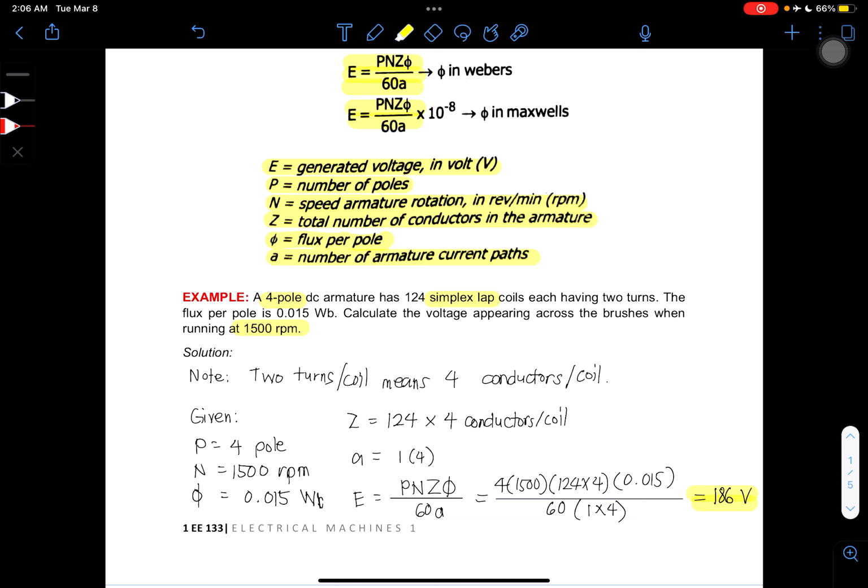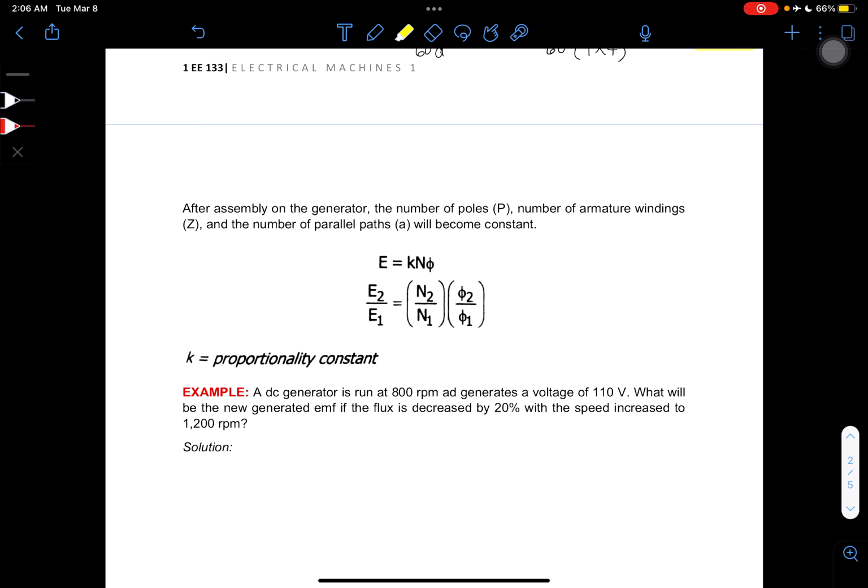So let's proceed. After assembly of the generator, the number of poles P, the number of armature conductors Z, and the number of parallel paths A will become constant.